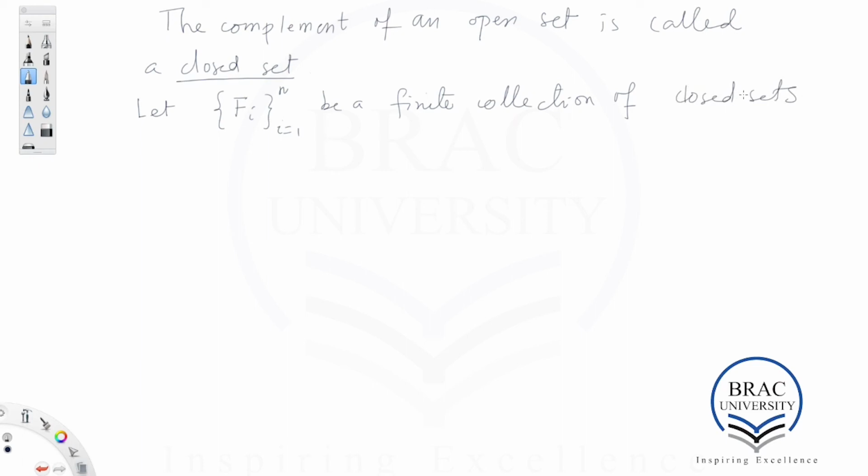Then we know from the definition of closed sets that S minus F_i is a finite collection of open sets, right?